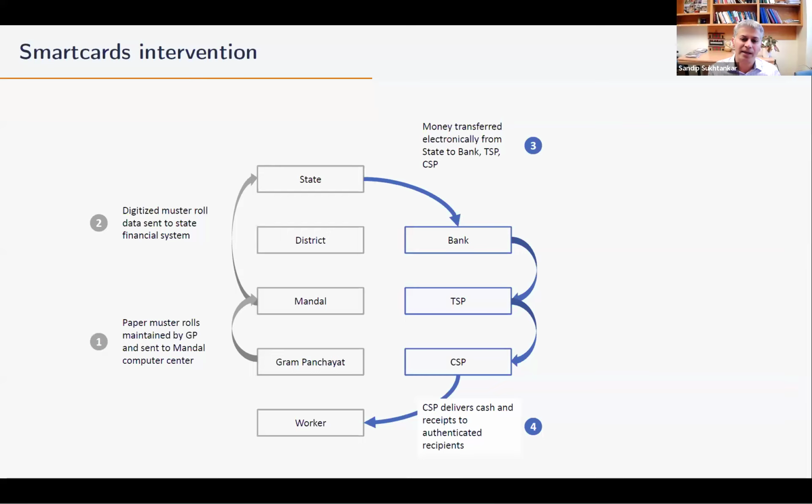But here's the nice thing: the worker could not take money out of that account unless they biometrically authenticated. So they made sure with their fingerprint that this was the same person who the money should be going to. Okay, so that was the intervention: electronic transfers into bank accounts plus biometric authentication, fingerprint authentication.